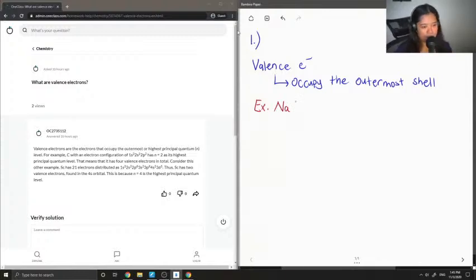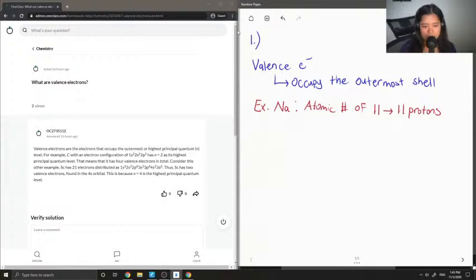If you find sodium on the periodic table, it has an atomic number of 11. So this means that it has 11 protons.